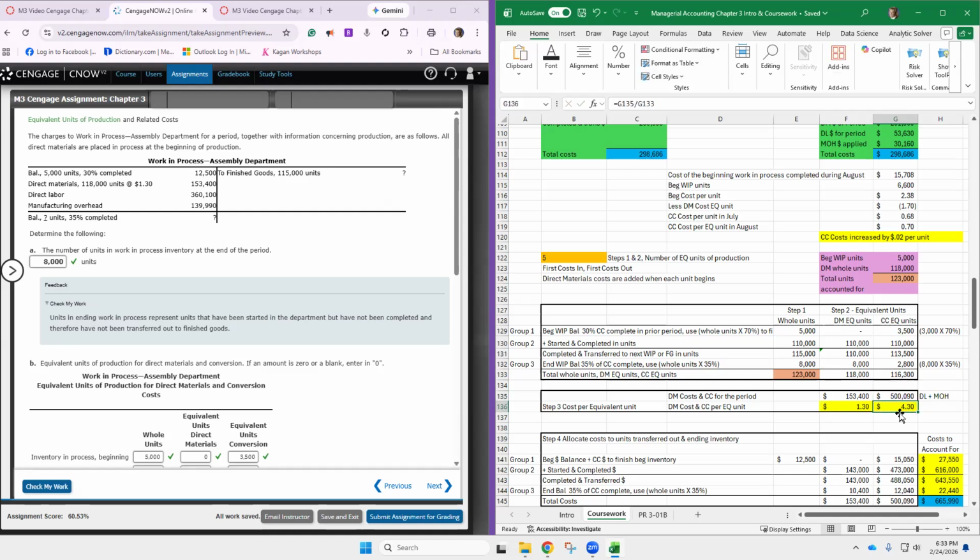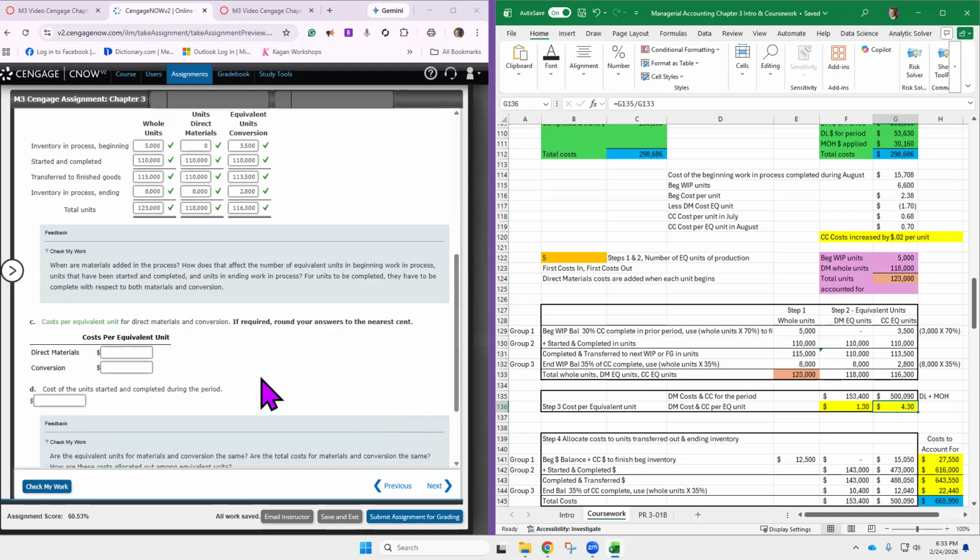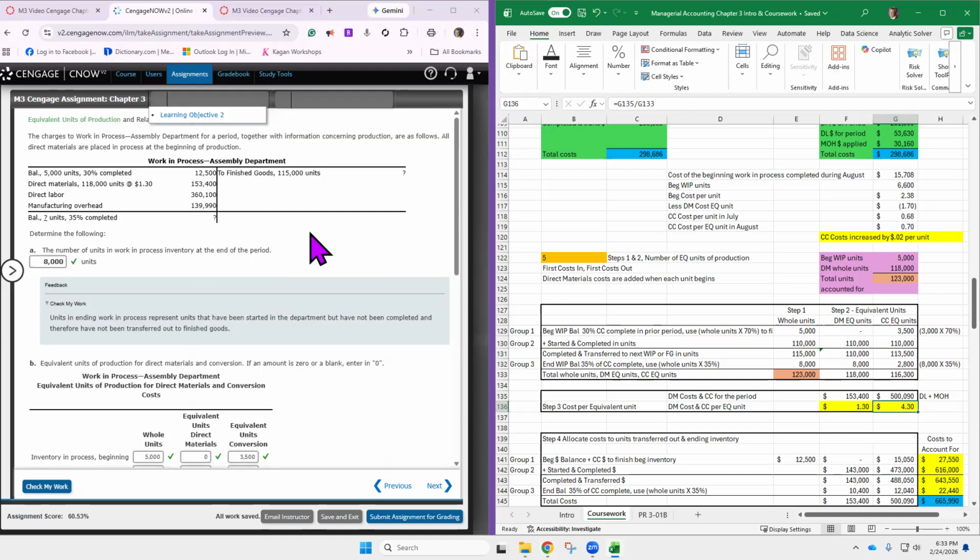Okay. Same for conversion costs. Conversion costs of $500,090. Okay, so one more time, let's put $1.30 in here. Then your conversion costs, one more time, is your direct labor and your manufacturing overhead. So you're going to calculate that together right here for conversion costs.